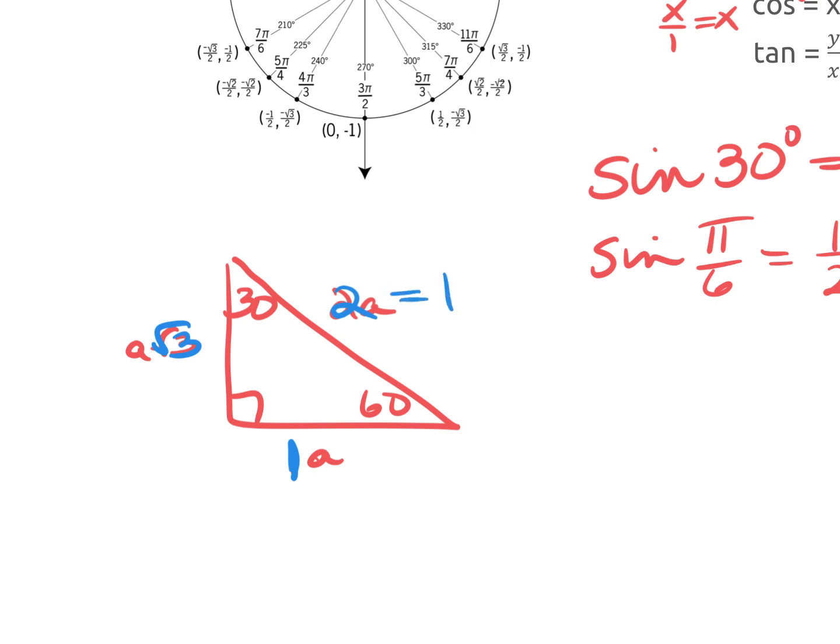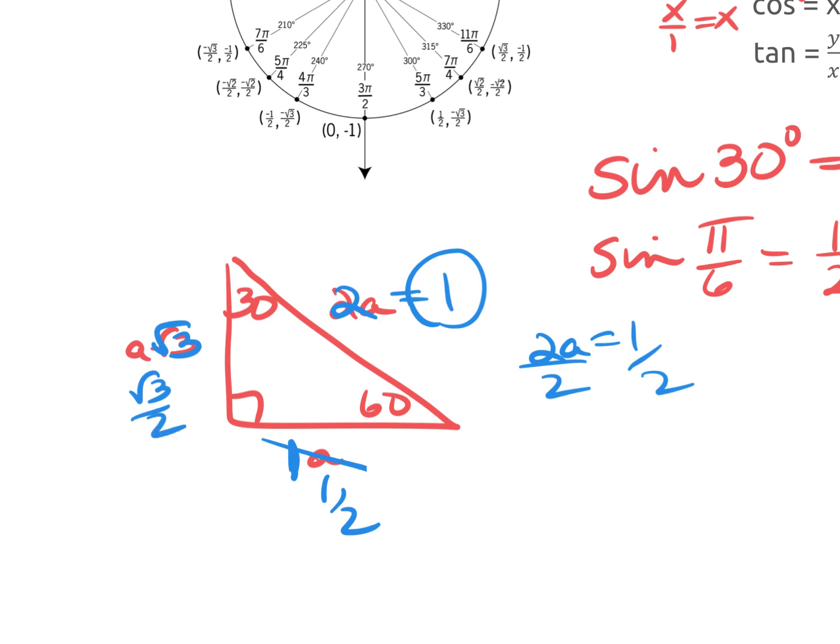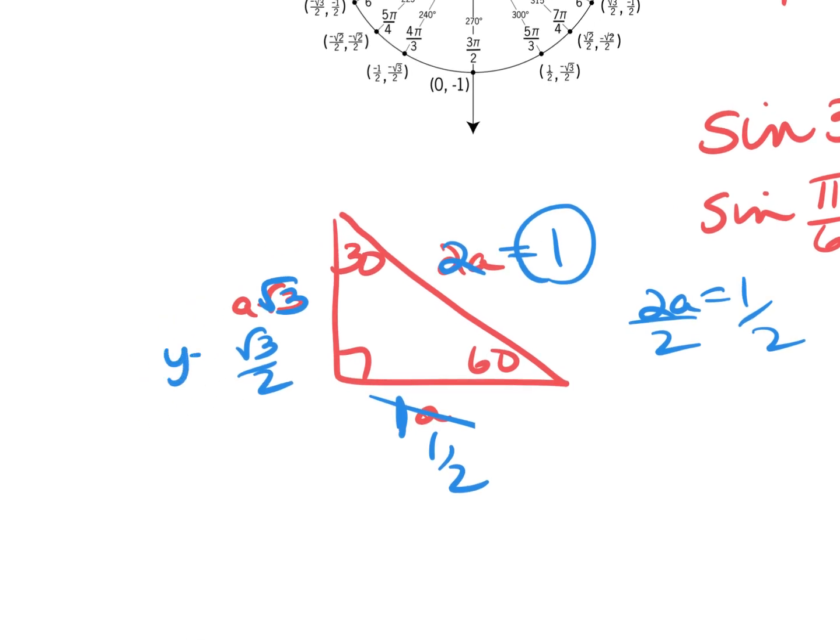So now all of our sides are going to change. I'm going to solve 2a equals 1, divide by 2, and my a value, this side, is now 1/2. This side is square root of 3 over 2, and this side is 1. So this would be the y value in relation to the 60. This is your x, and again, this is always your r. So this is why the values are now changing, because our radius length has changed.